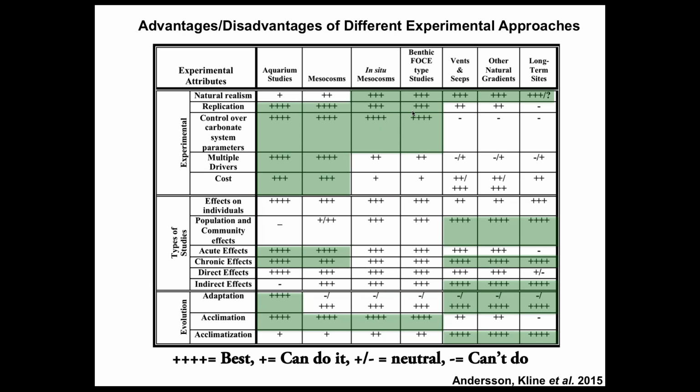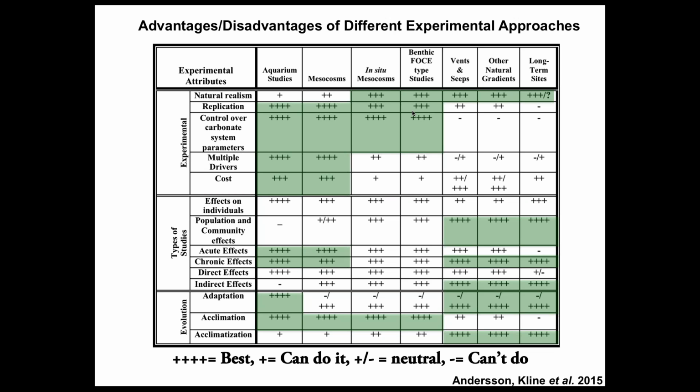So let's say 3 to 6 replicate chambers in total. But if you had millions of dollars and a huge team, there's no reason you couldn't up those numbers. So there's a possibility to have better replication. You do have good control over the carbonate system parameters. Vents and seeps, other natural gradients and long-term sites, again, they're best for studying natural realism.